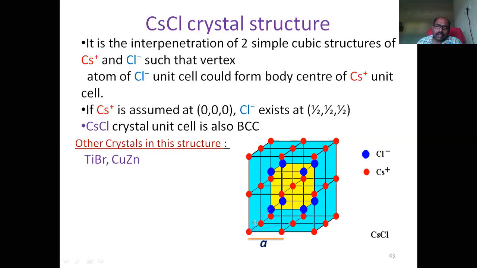It is the shortest or nearest distance. So we have to identify how many such ions there are. We can take it vice versa.